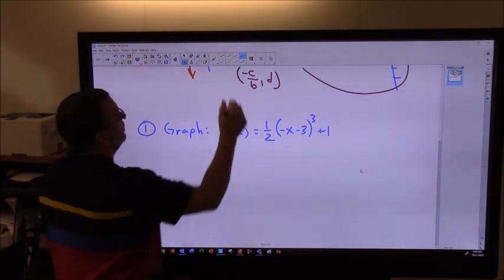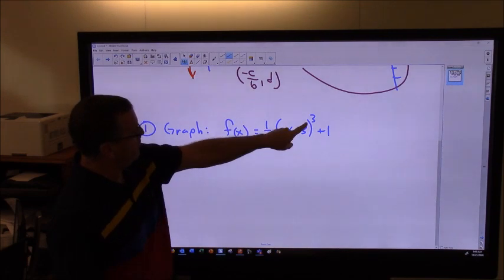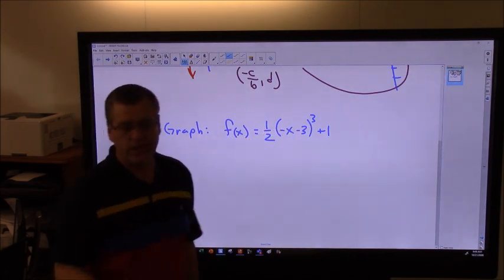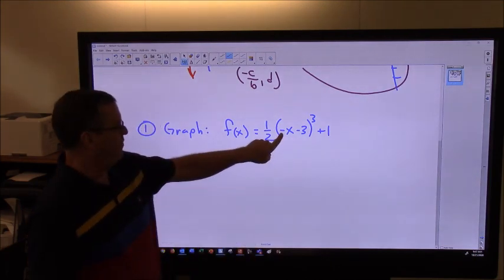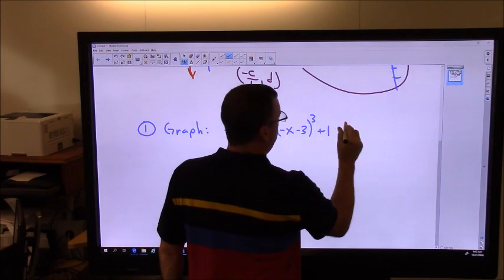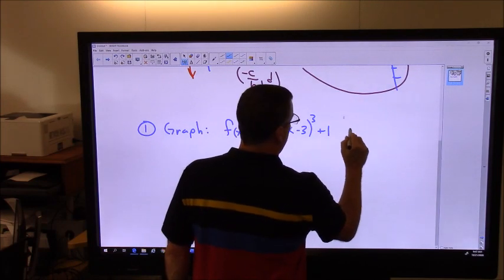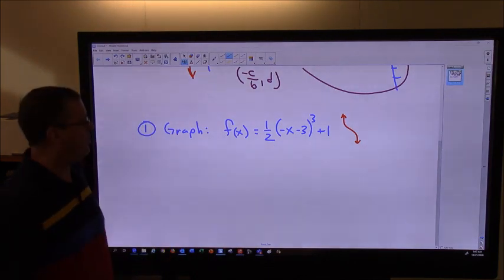So when I look at this, first thing I see is a cubic function. So I know what that looks like. It goes like this. But it's going to get flipped across the y-axis. So when I flip that over, my function now looks like this. Okay, so that's the picture I want to draw.